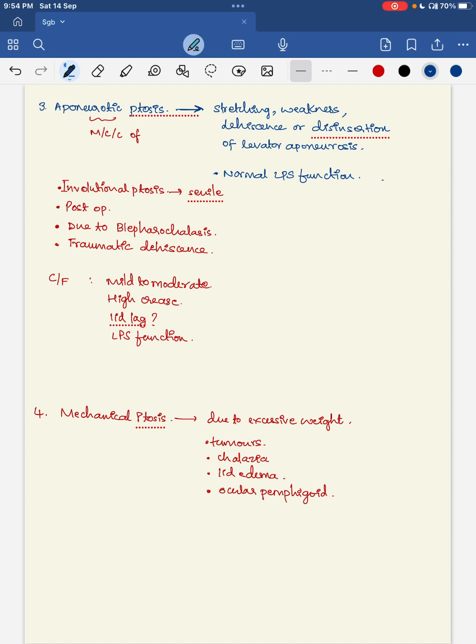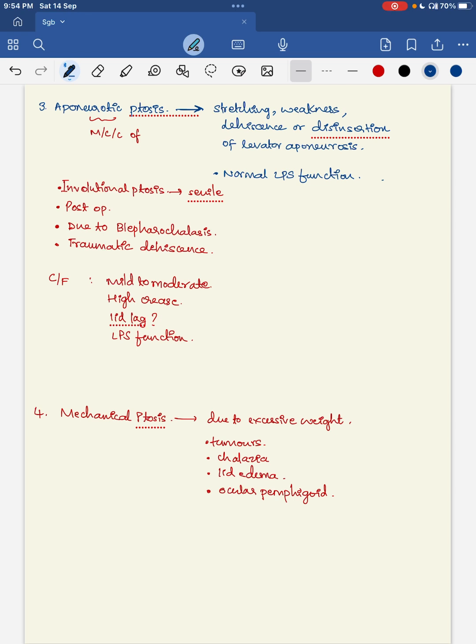So during continuous contraction and relaxation, and with age, it gets stretched and weakened, and there is dehiscence. So as a chance factor, there is dehiscence or sometimes disinsertion of the levator aponeurosis. Okay, this is the pathophysiology of aponeurotic ptosis. It's a pathology in the tendon which undergoes weakness continuously with age.